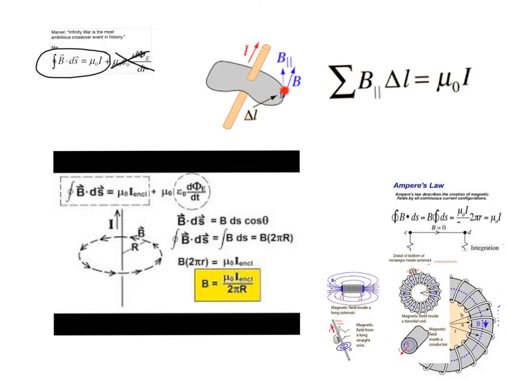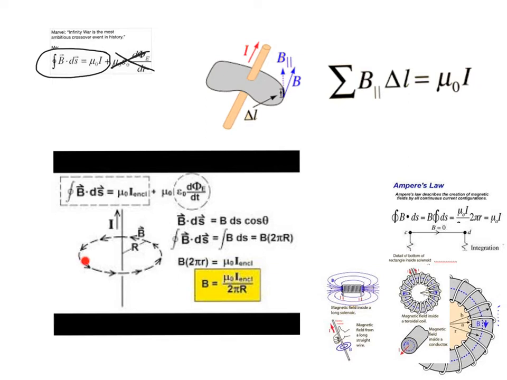So we take a little dl, the field is this way, we find the parallel component, we multiply that by the length of dl, and we continue around the loop adding up all those contributions. Well, if possible, we just use calculus. And what we see is that the integral around the closed loop ends up being equal to mu naught times whatever current is enclosed in the loop.